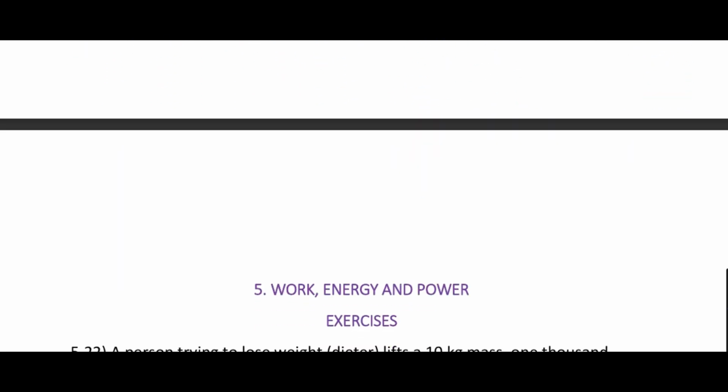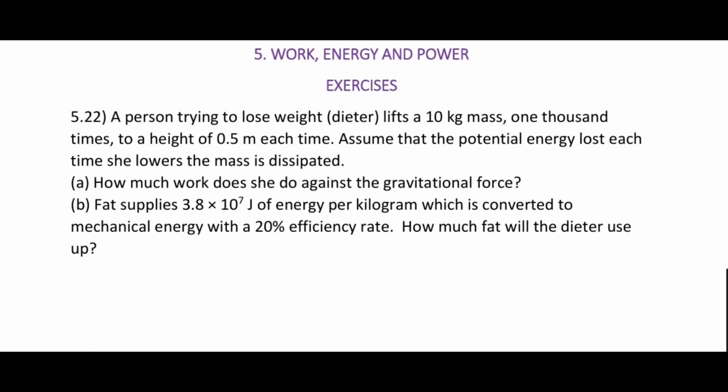Coming to 5.22. A person trying to lose weight lifts a 10 kilogram mass 1000 times to height 0.5 meter each time. Assume that the potential energy lost each time she lowers the mass is dissipated.